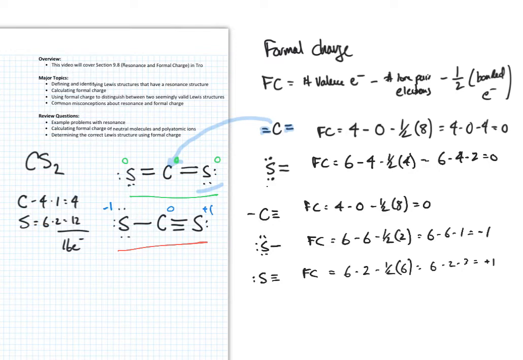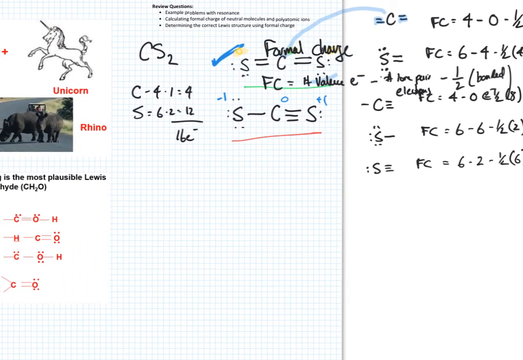All right, so how do we use formal charge to help us evaluate which of these is a better structure? Turns out this one's a better structure, and the reason why is we're able to write the Lewis structure with all zeros for the formal charge. So let's make a list of rules here then for our formal charges.